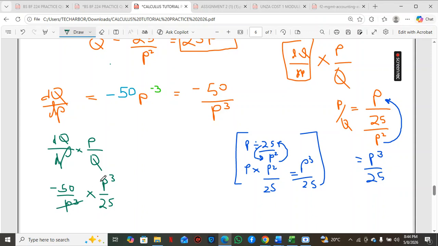These P's cancel each other, so we've got negative 50 over 25, which is going to give us negative 2.